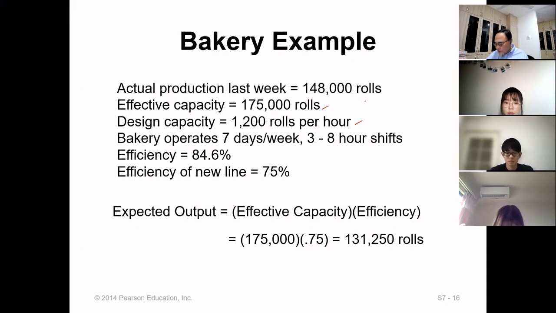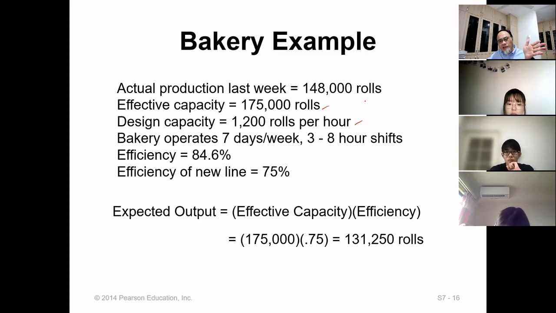However, the new workers, because of inexperience, are expected to reduce output to 130,000. It says here 131,000, it's okay, never mind. So it is expected to reduce output to 130,000.